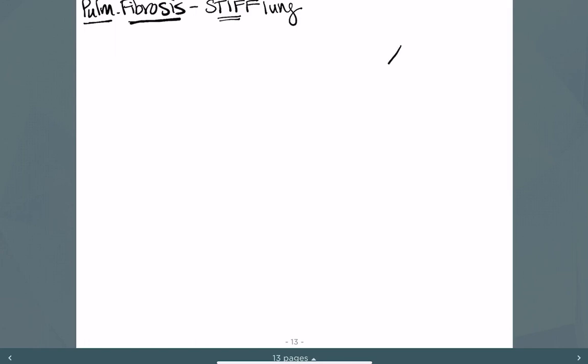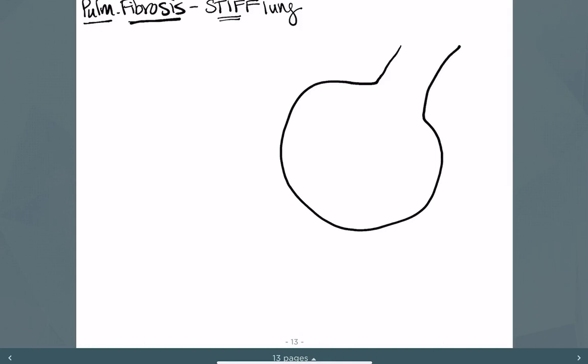So if we draw a picture representing pulmonary fibrosis, I'm going to draw one single alveoli, and the mechanism of injury is that pulmonary fibrosis is a disease of abnormal wound healing. So the cause of the disease is relatively unknown, but frequently associated with pulmonary fibrosis is some repeated injury to the lung.